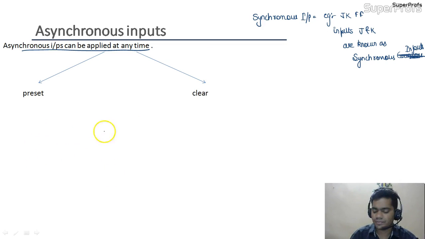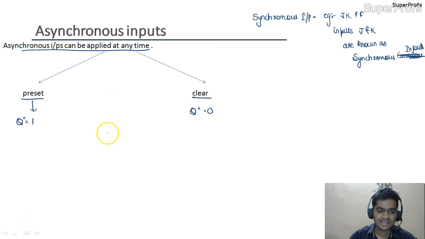There are two basic asynchronous inputs: first is preset and second is clear. By preset we are able to make our output logic 1, and by clear we are able to make our output clear, that is logic 0.